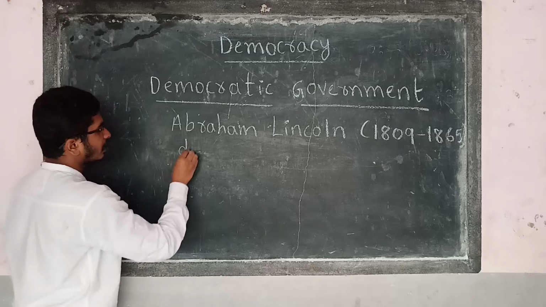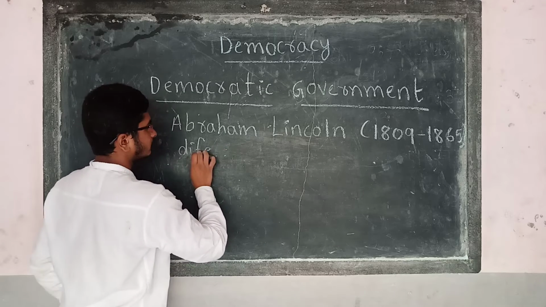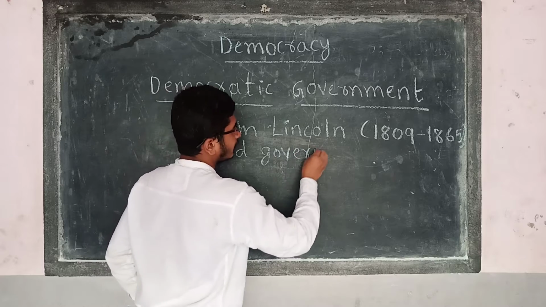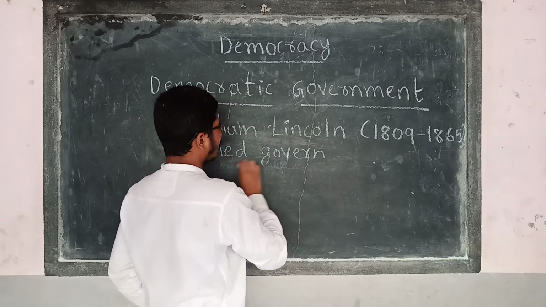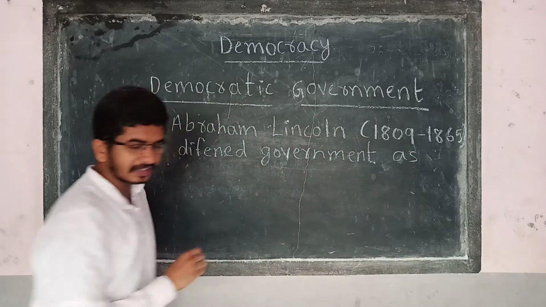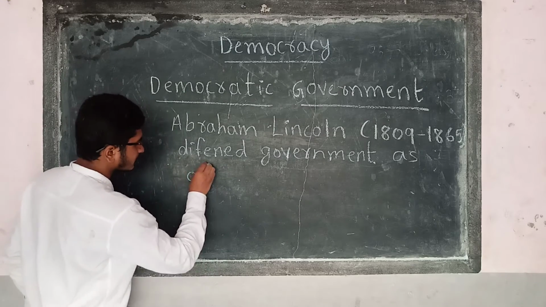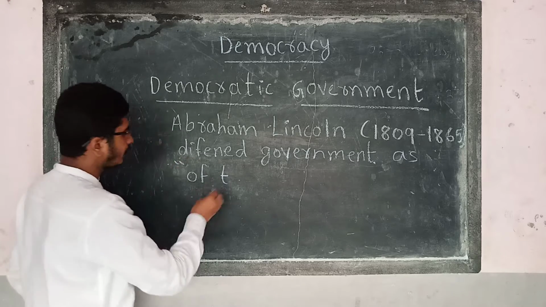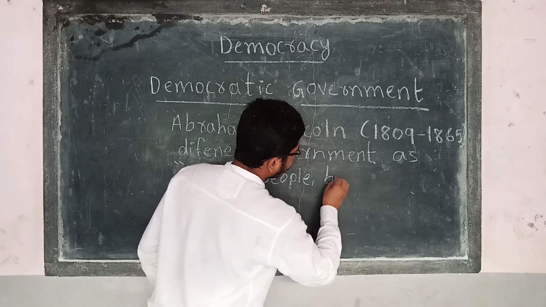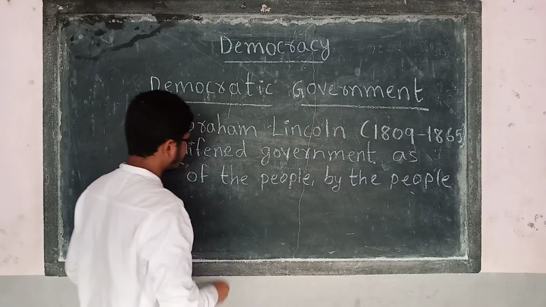Abraham Lincoln defined government, this democratic government, as for the people, by the people, of the people. Of the people is the main phrase. In short, we can say directly, of the people, by the people, for the people.